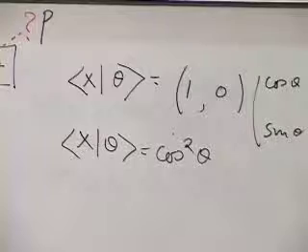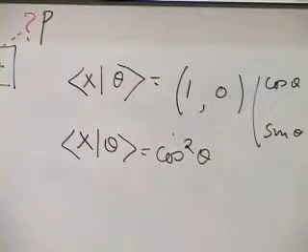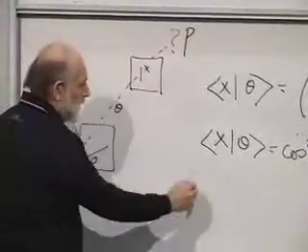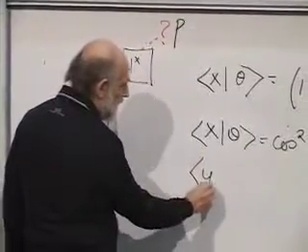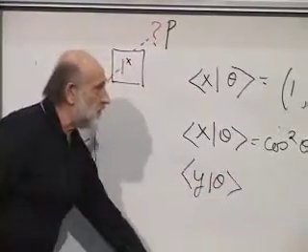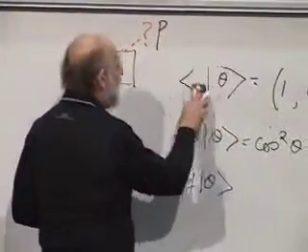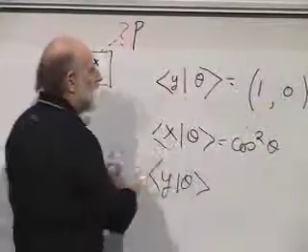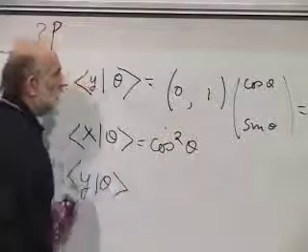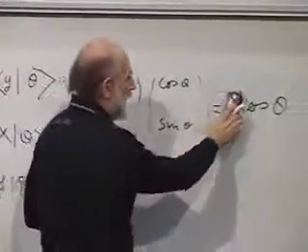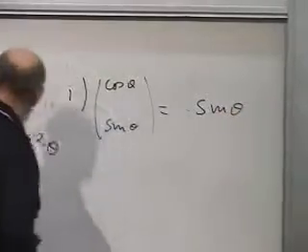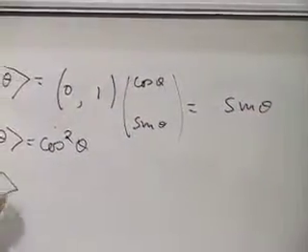What's the probability that it passes through the Y polarizer? Let's send it through the Y polarizer. That's going to be very similar, except we're going to put Y here, and that's 0, 1. This gives us sine theta. That's going to give us sine squared theta.